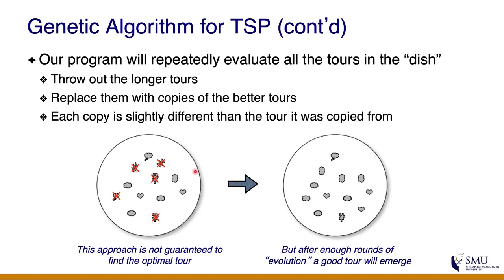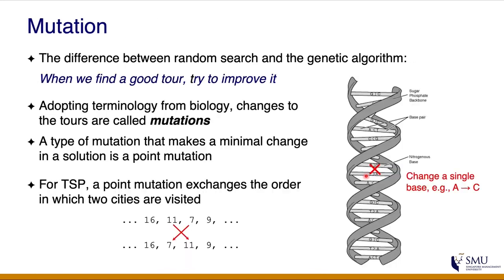All the solutions that we use to replace the deleted solutions should be similar to the existing best performing objects, but differ slightly. So not exactly the same, but similar. This is what we call evolution.